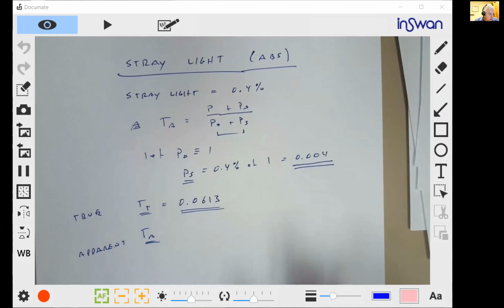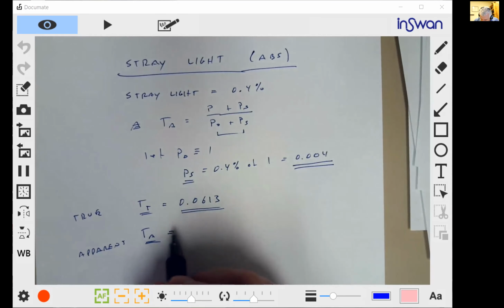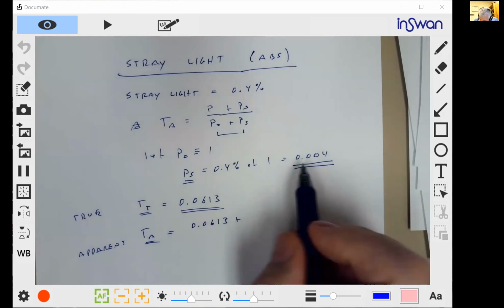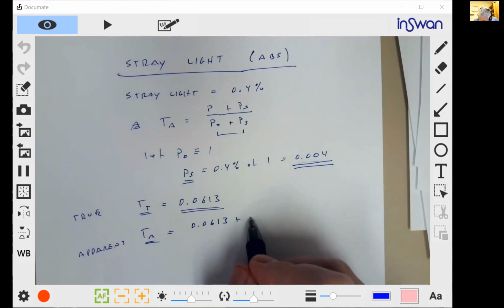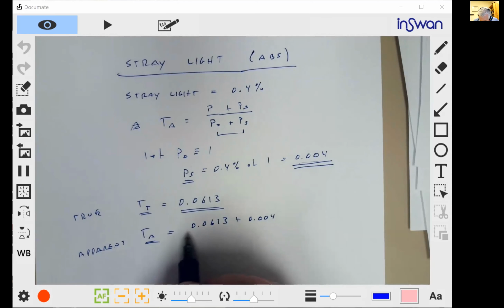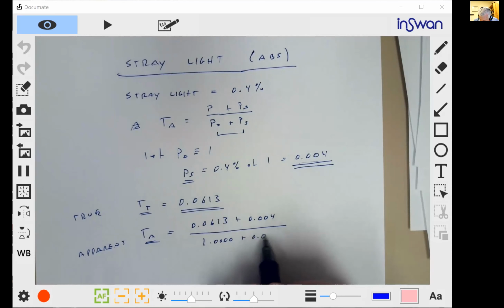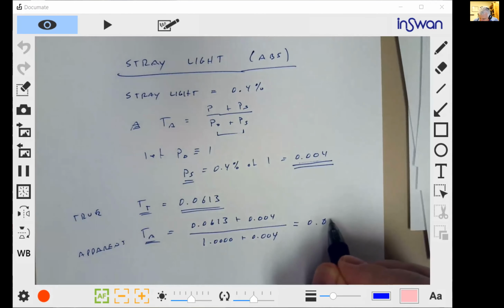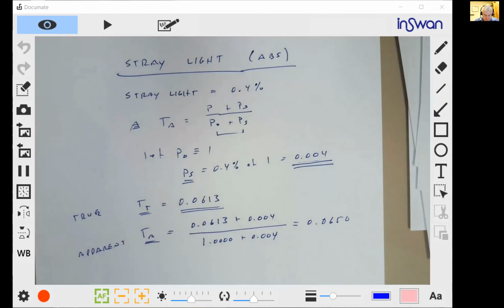So the apparent transmittance here will equal 0.0613 plus 0.004 over 1 plus 0.004, right? And this will equal 0.0650.